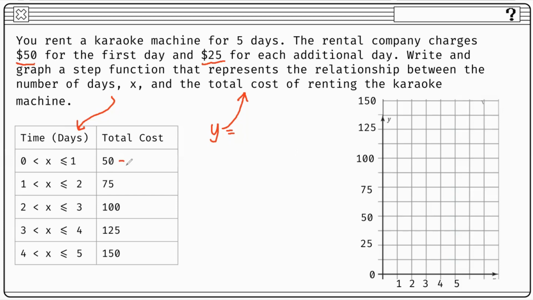And now as you keep progressing, if your total number of days is greater than 1, it's no longer going to be $50, but as long as it's less than or equal to 2 days, you now add a $25 fee for your additional day. And so that's how you get your $75 for the total cost.